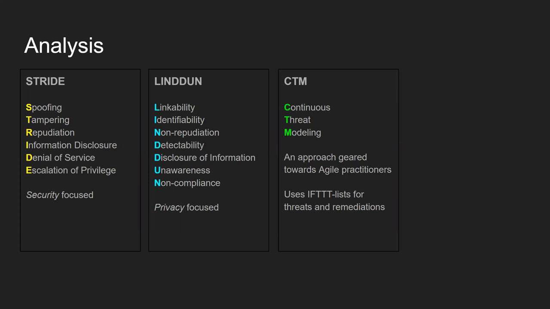I'm not gonna make any judgment call about whether Stride or Linden are in fact heavyweight for agile processes, but CTM is geared specifically for that purpose, and it basically again starts with the model and then uses this approach of if this, then that to understand, if you have this construct or this property exists or this feature or capability exists, these are the threats that you may have, and here's how you might approach resolving those.